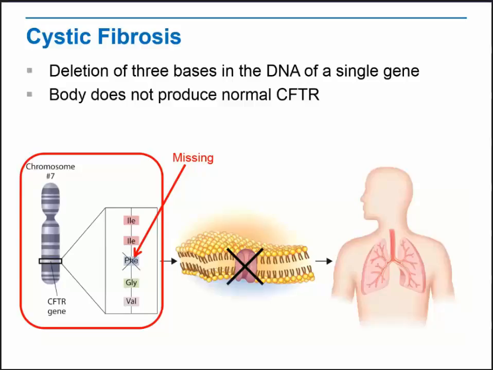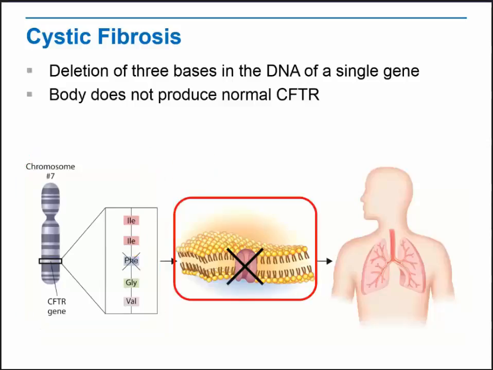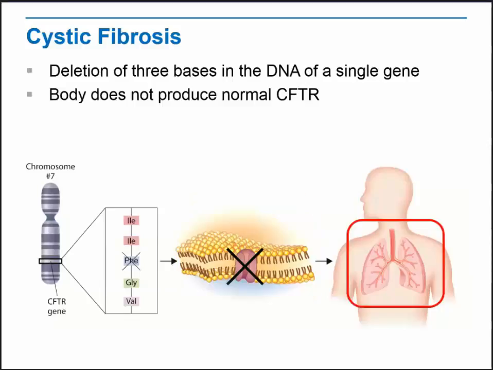Because of the missing phenylalanine, the CFTR is abnormal and cannot transport ions across the cell membrane. Consequently, the cells in the person's airways are unable to transport chloride ions. As a result, the airways become clogged with a thick mucus.